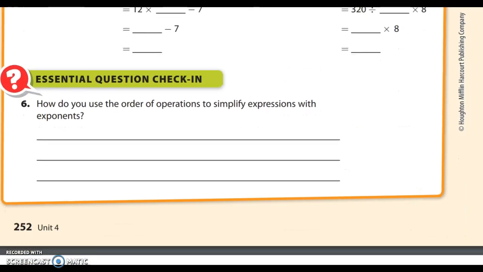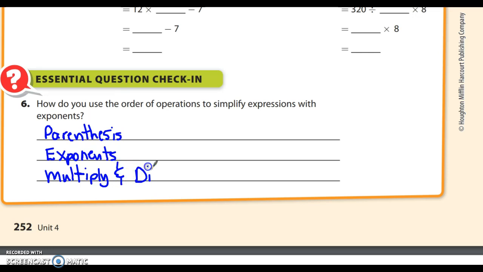Number 6 says, how do you use the order of operations to simplify expressions with exponents? I would probably just write the order of operations. It goes parentheses, exponents, multiplication, multiply and divide, and we need to write that if we have both multiplication and division, we go left to right.